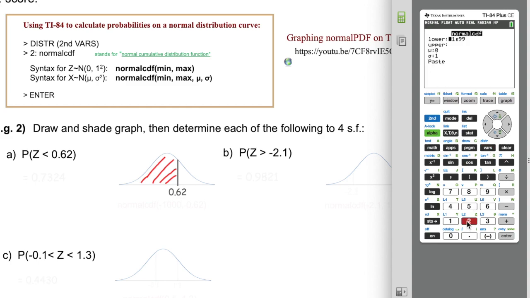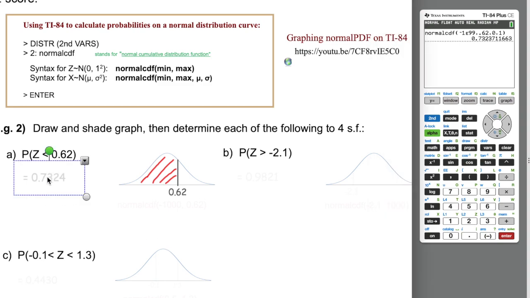The syntax is: the lower bound is just a really small number, and the upper bound is our ending. Then mu is 0 and sigma is 1, which we keep for Z. Then enter, paste, which gives us 0.7324.